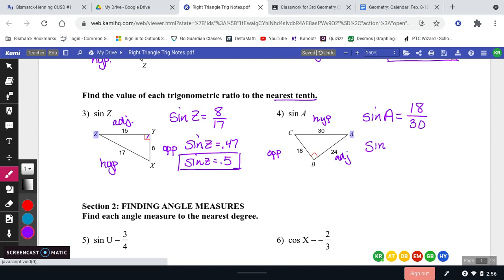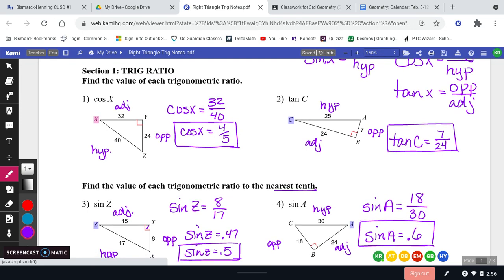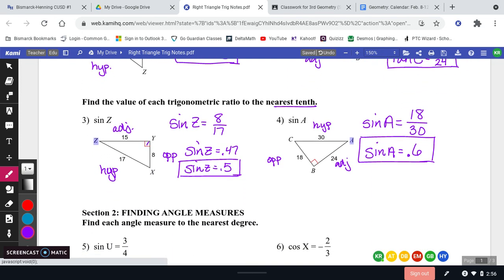And then we're going to change it to a decimal. 18 divided by 30 is 0.6. So sine of A is 0.6. You can write that as a ratio, a fraction simplified, or you can write it as a decimal.